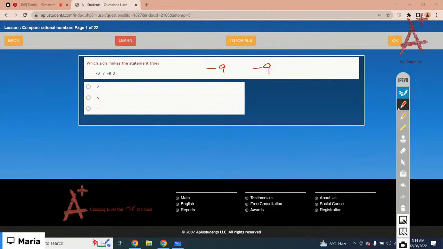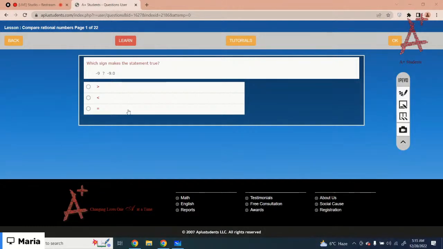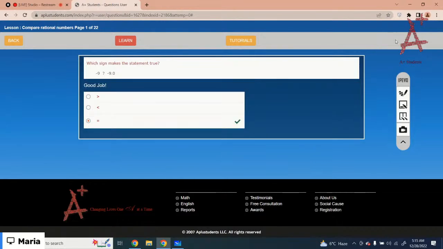So both the numbers are equal. Got it? The correct option is equal. They are exactly equal. Just select the correct option, then click on the OK button. Yes, very good.